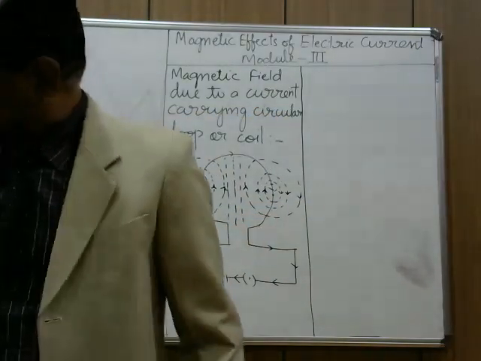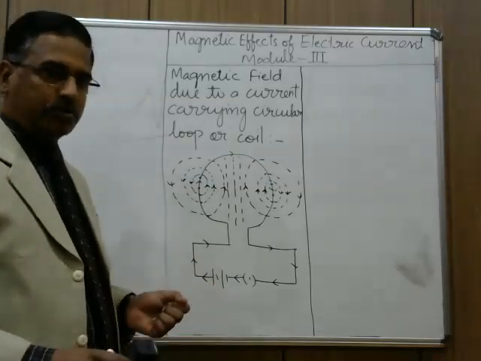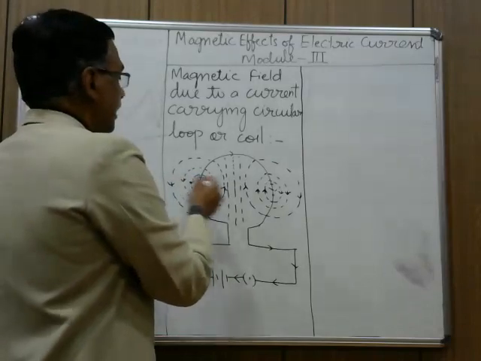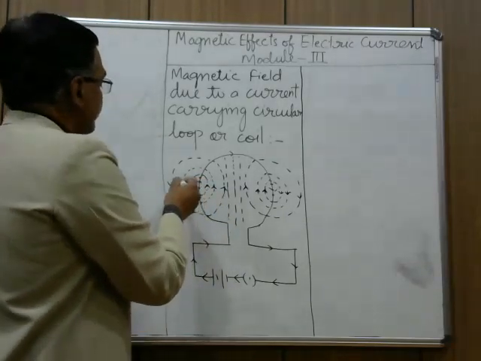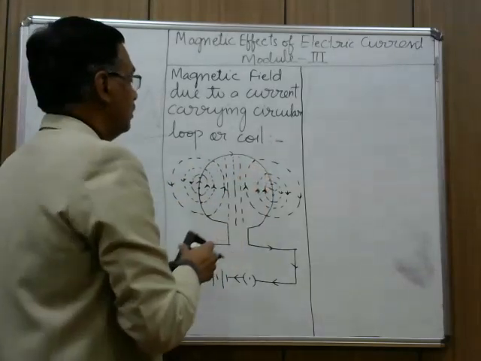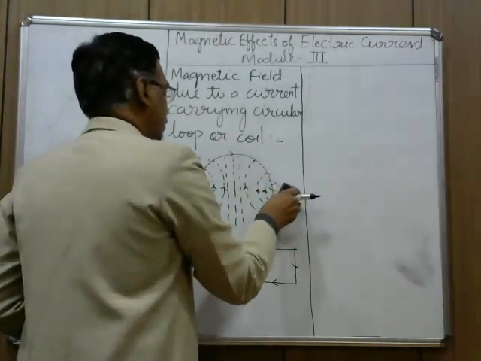Since we are interested in finding the magnetic field pattern due to the circular loop, the outside region has been marked like this. In the outside they are downward, but inside they are upward here also. So, I am removing the outside field.